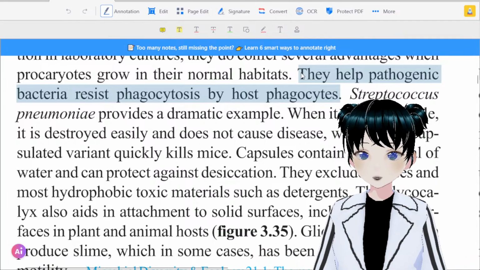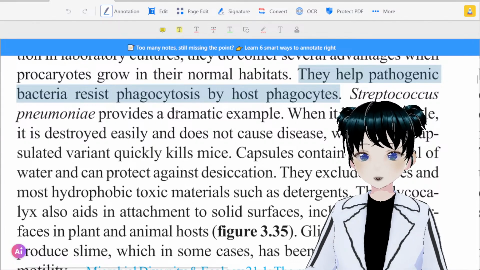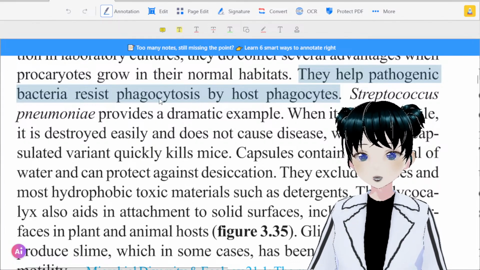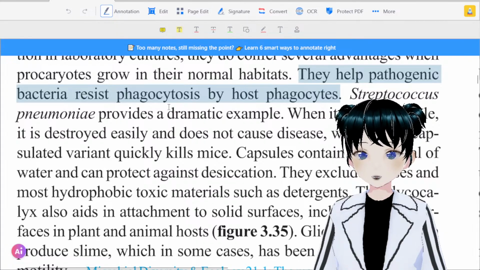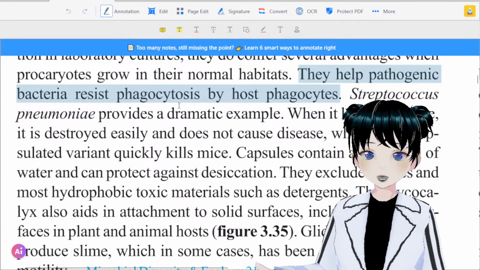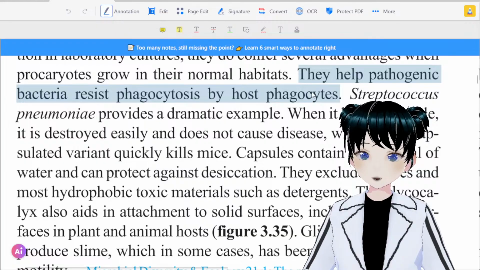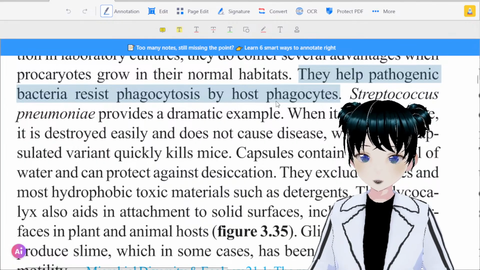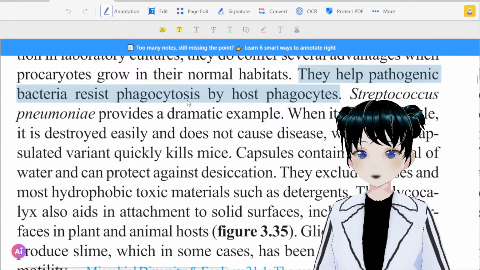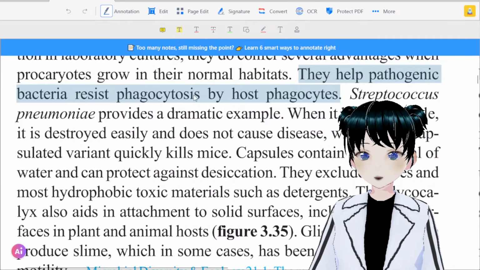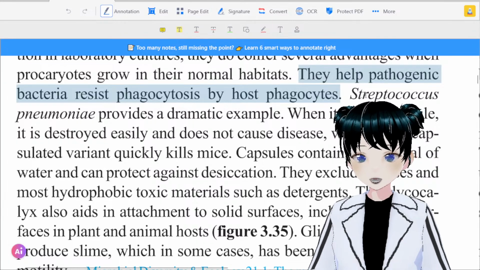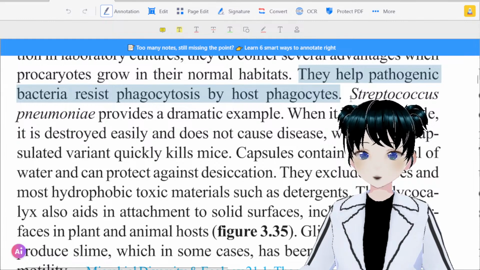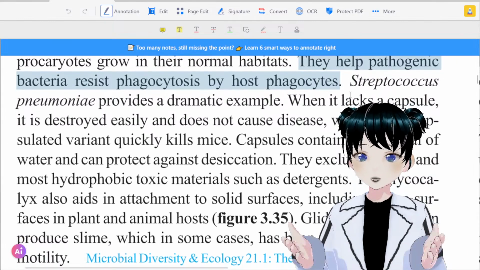So capsules actually let them resist phagocytosis. Phagocytosis is the eating of foreign materials by cells, immune cells. By the way, solid material, okay? If cells eat solid material, that's phagocytosis. If it drinks liquid material, it is pinocytosis.